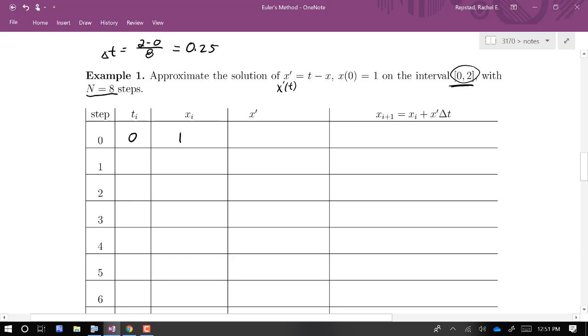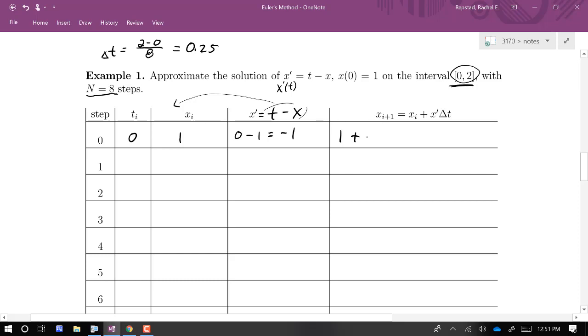So here's our initial step at t equals 0 and x equals 1. Our x prime, well, that's just our equation, t minus x. I'm going to take 0 minus 1. I'm literally just doing this operation using these columns. So I get negative 1 for x prime. And then my next value of x is I'm going to take the current value of x, which is 1, and add x prime times delta t.